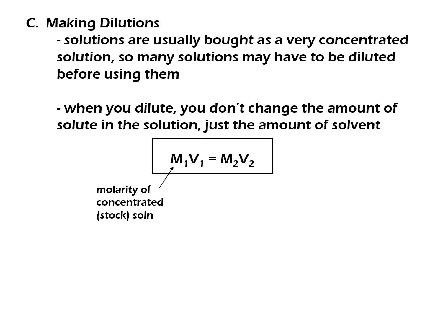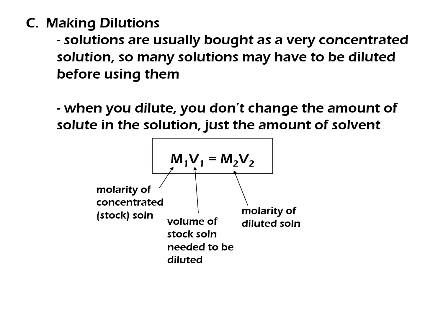So the molarity of the concentrated stock solution, times the volume of that solution that needs to be diluted, equals the molarity of the diluted solution. So this is the molarity of the solution we want to make. It's usually a lower molarity than we started with, times the volume of the diluted solution that we want to make.